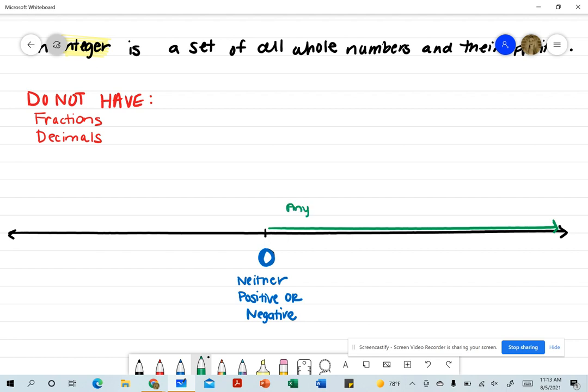Because any value on our number line that is to the right of 0 is positive. It's really important we know that. So any value to the right of 0 is positive. So if I was doing positive integers, which I will, that means I'm not going to represent parts of numbers. I'm just going to do the integers themselves, right? This is what I'm going to do.